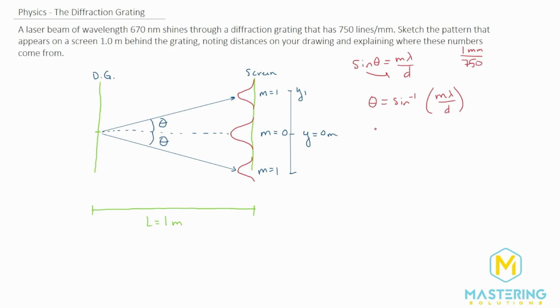And so we'll have theta is equal to the inverse sine of m is 1 times the lambda, which we said is 670 times 10 to the negative 9 meters, divided by 1 times 10 to the negative 3, or 0.001 meters, divided by 750 slits, and that will give us our theta.